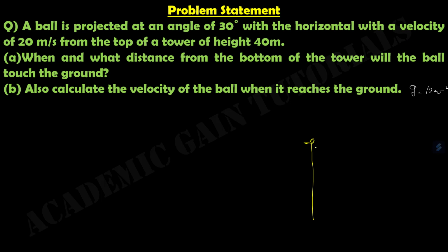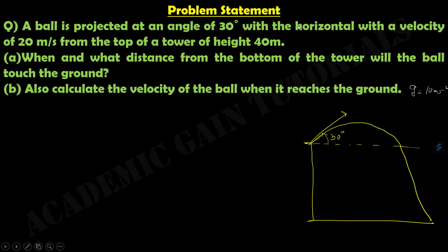A ball is projected at an angle of 30 degree. So the position will be like this, and this is our ground. The first question is: when and at what distance from the bottom of the tower will the ball touch the ground?